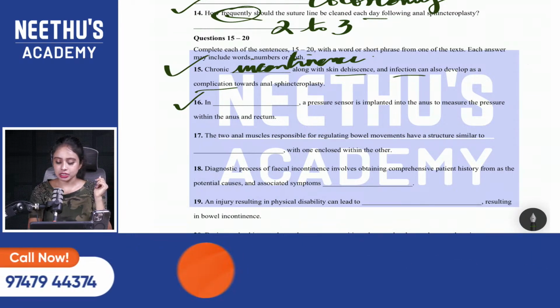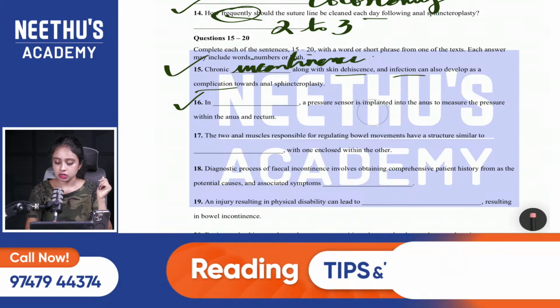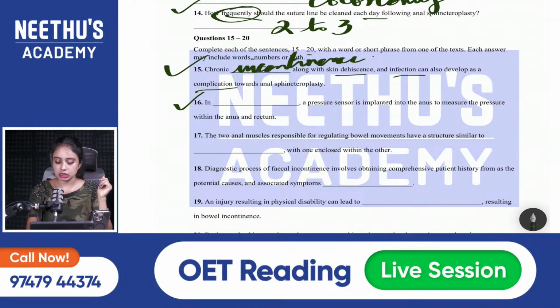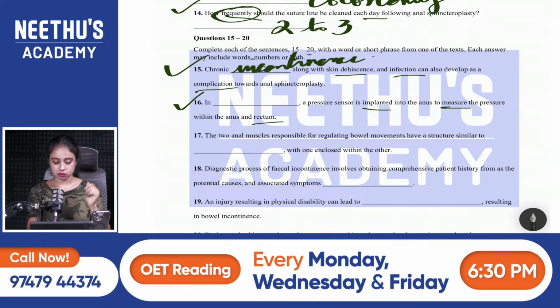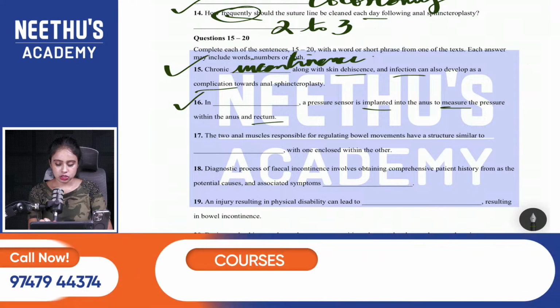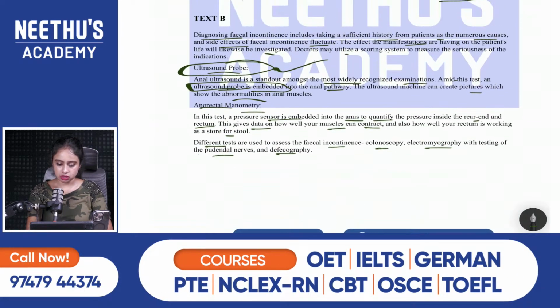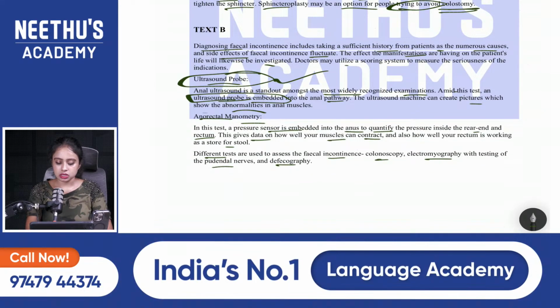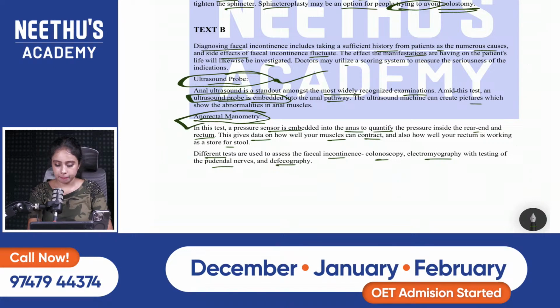The 16th one. In dash, a pressure sensor is implanted into the anus to measure the pressure within the anus and rectum. So, implanted, measure, rectum. Which one is that? Procedures are mentioned in B. So I think the answer is from B. The answer is anorectal manometry, right?